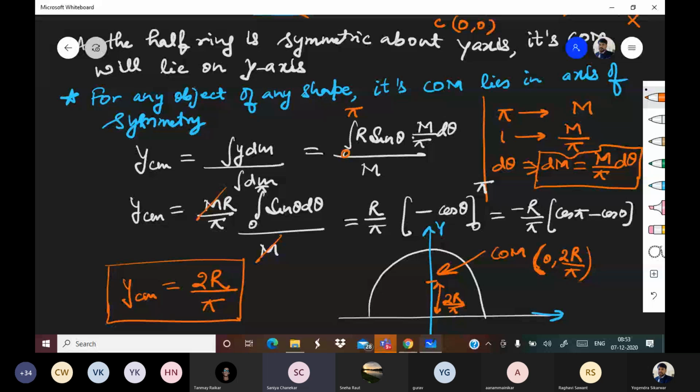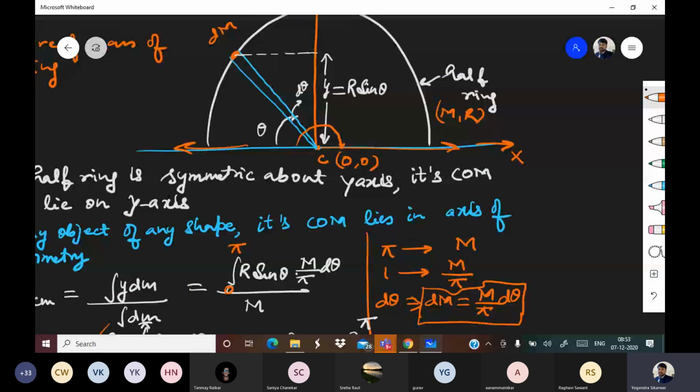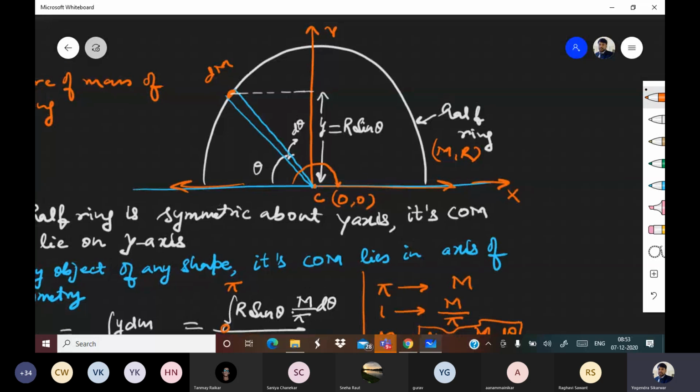Yes. What is that unitary method you have done in pi is equal to m? Try to understand. When you are finding elements on the ring, okay? What you are observing is that your mass, I am using blue color to explain, is distributed in this much angle.